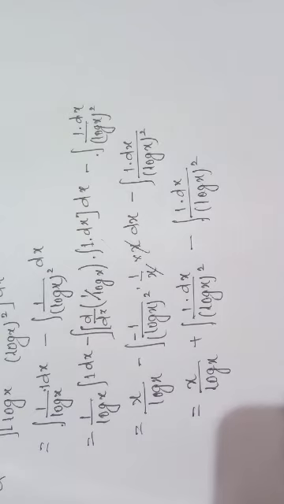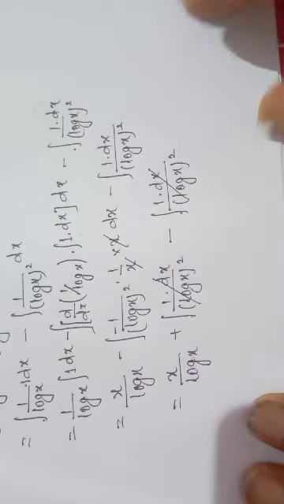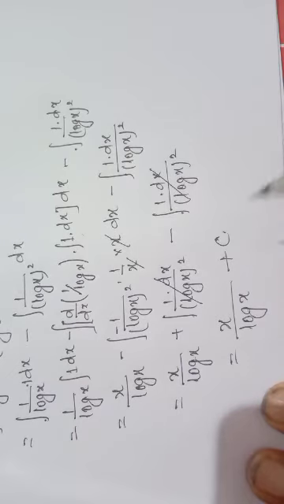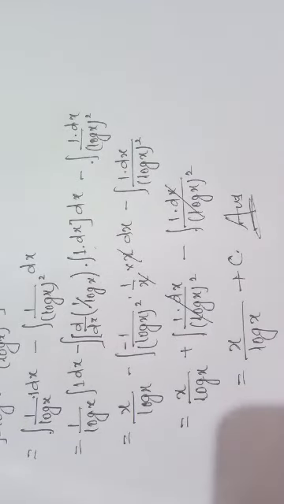So see, children, the middle and last terms should be cancelled. So they cancel here. Hence finally, how much is left? x upon log x plus the integral constant, that is your answer. Right? Now see another question.